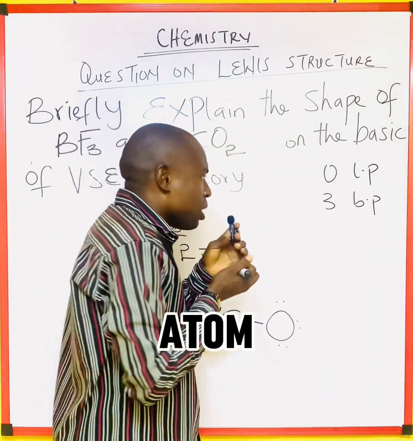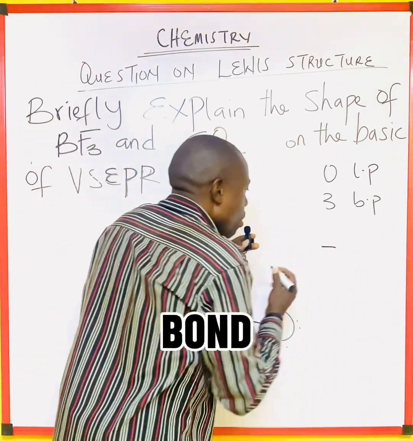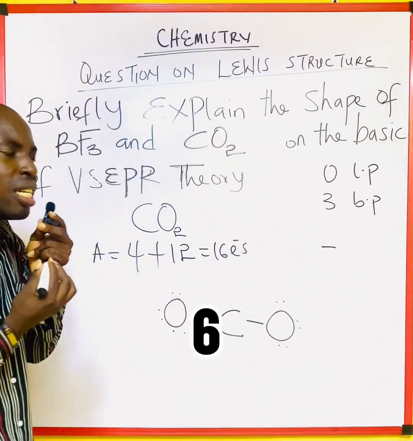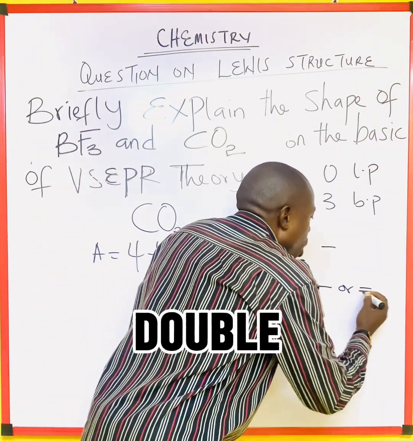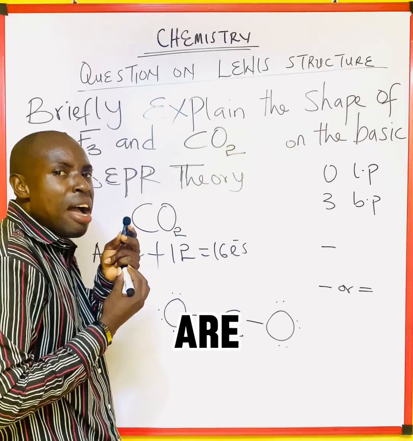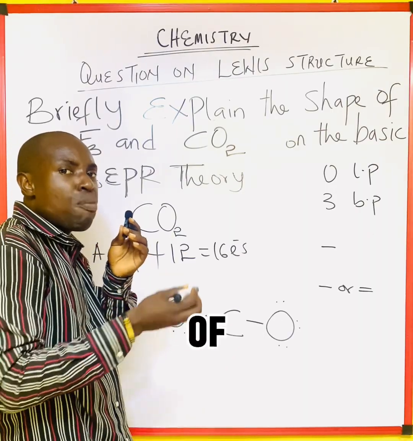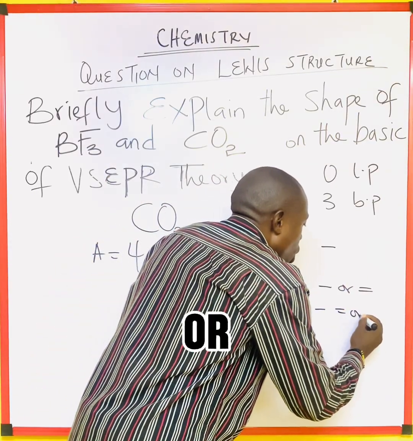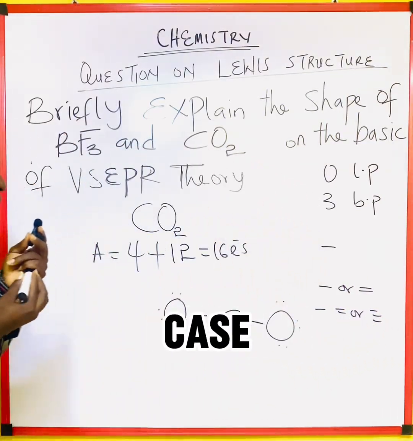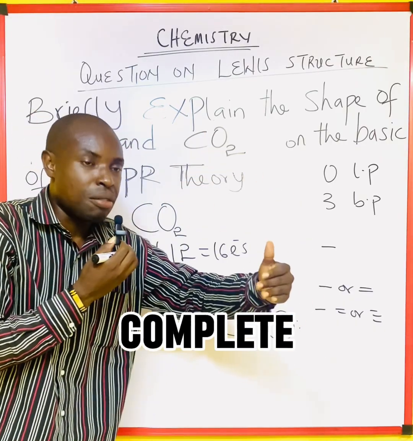Any atom that belongs to group 7 can only form a single bond. But when an atom belongs to group 6, it can form either a single or a double. When you are in group 5, or having a charge of -3 or +3, you can form either a single, double, or triple. It depends on the case, especially when the central element is not complete.